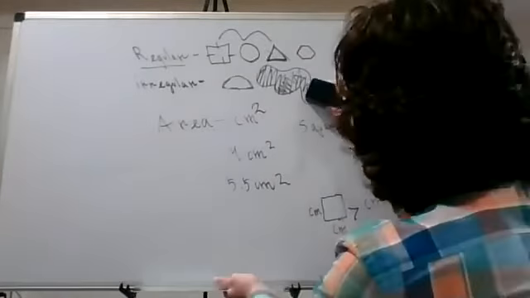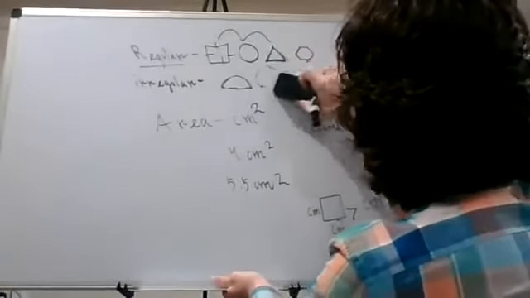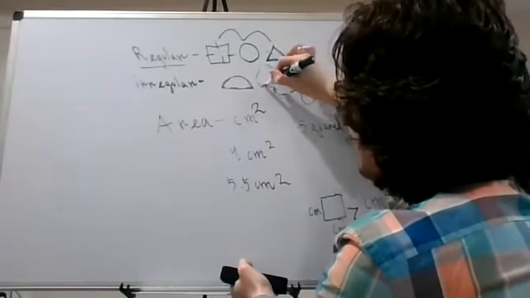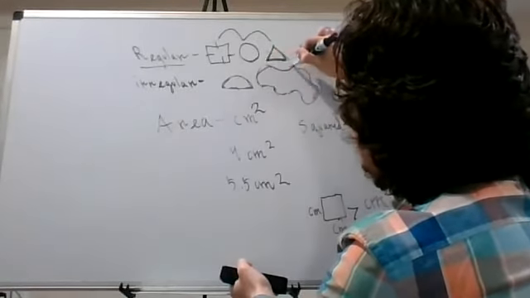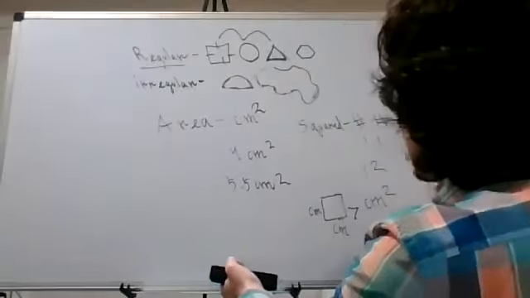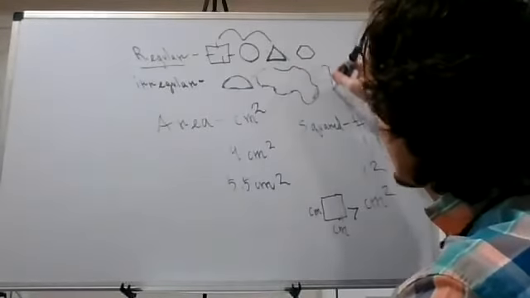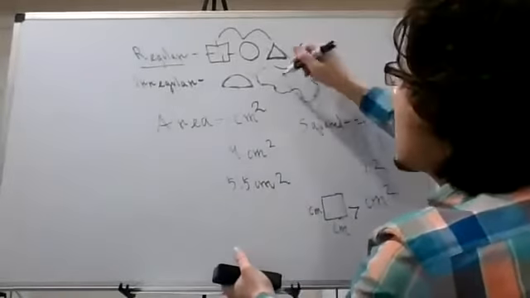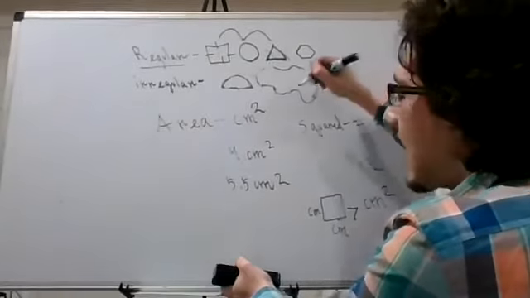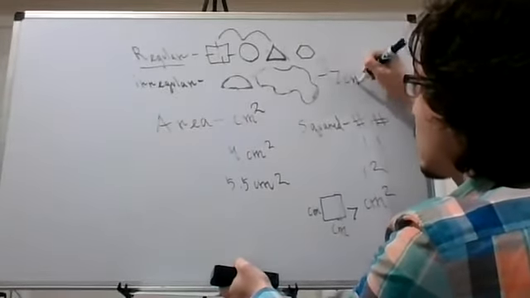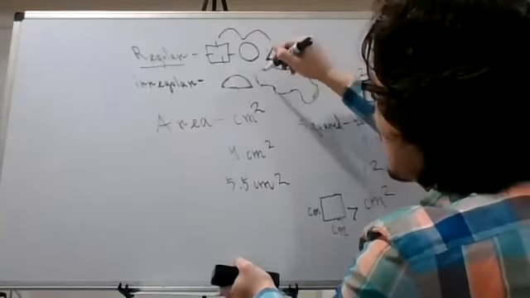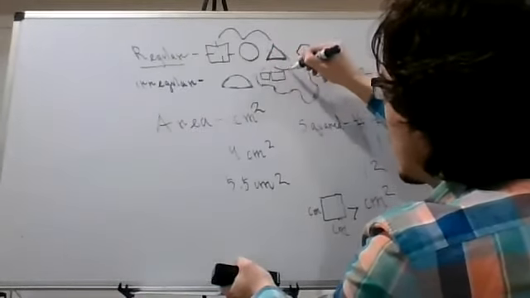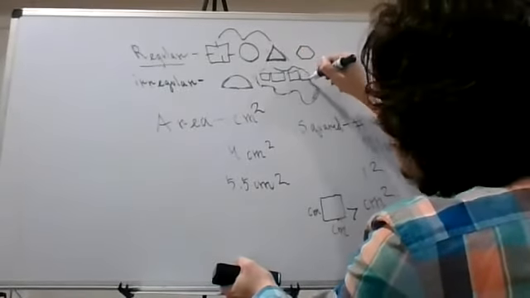If we go back to this nasty shape, if we want to calculate what its area is, we would put it in terms of square centimeters if the unit is appropriate. So if we said that this had an area of 7 square centimeters, then that means you could fit 7 square centimeters in this shape perfectly.